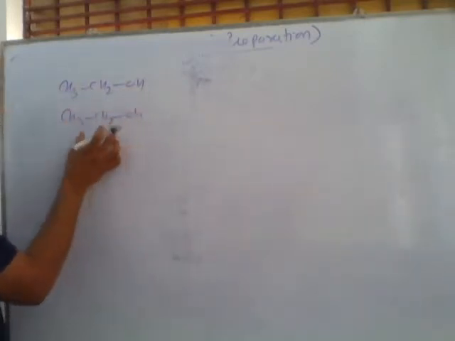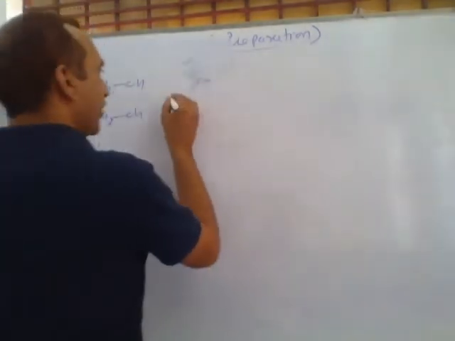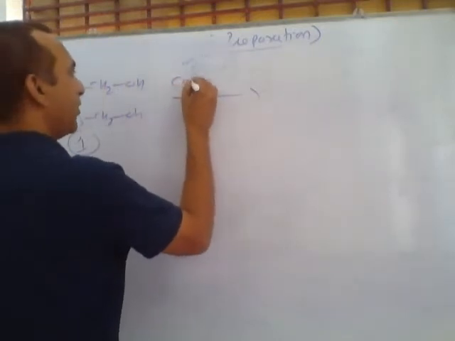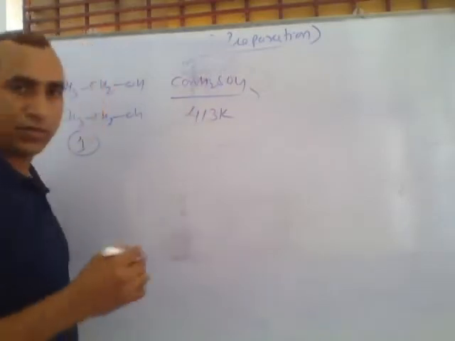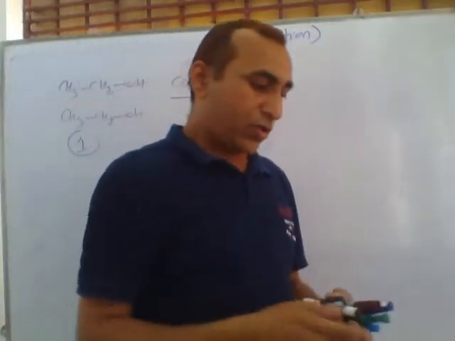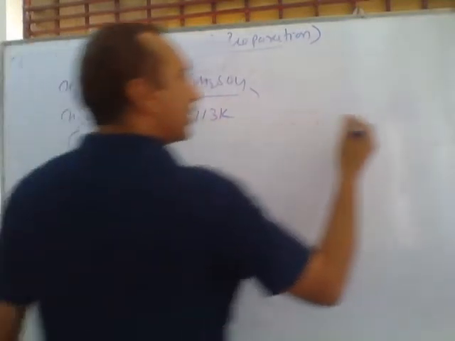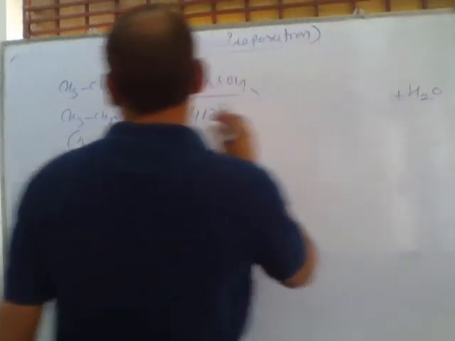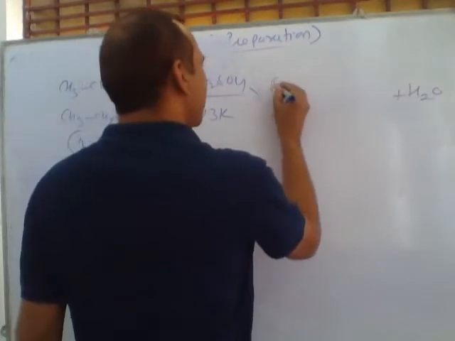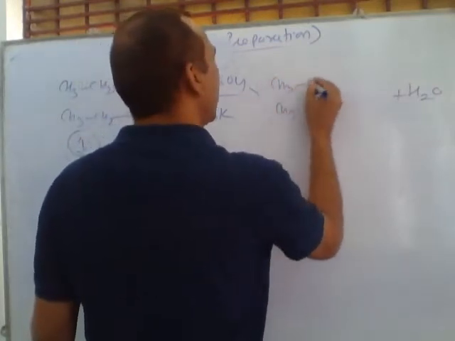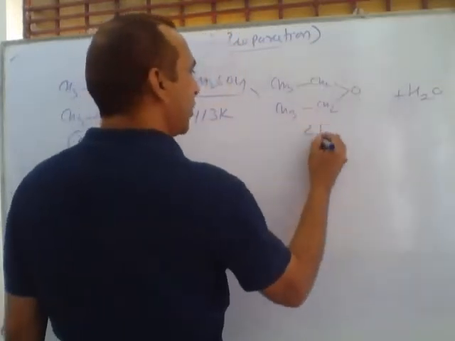These are 2 ethyl alcohols, and more important, we are using primary alcohol, and we are heating these alcohols in the presence of sulfuric acid at a temperature of 413 Kelvin. So this is the temperature. It is simple. OH and this H are removed in the form of water, and these two groups join with oxygen. CH3CH2 and CH2CH3 both react with oxygen. This is called diethyl ether. Ether is formed.